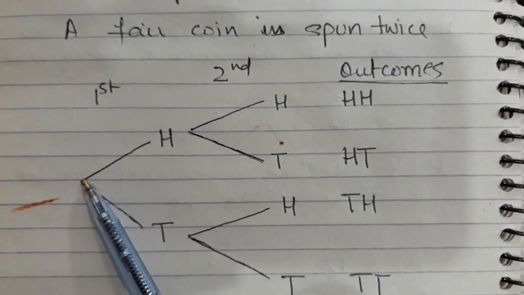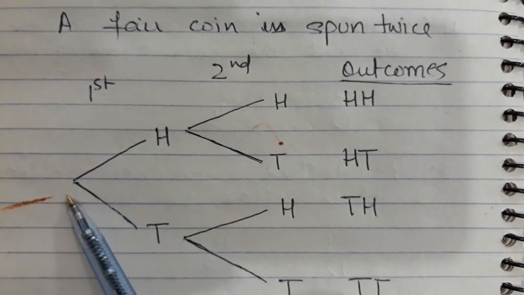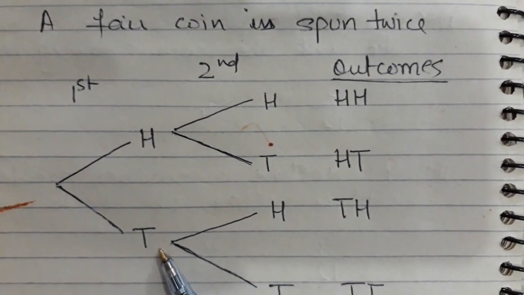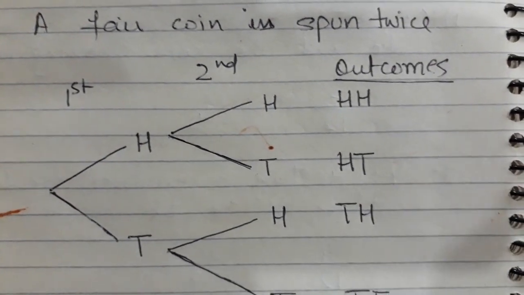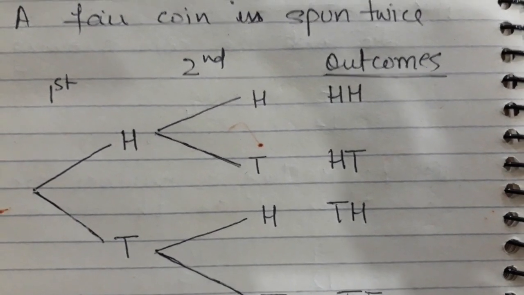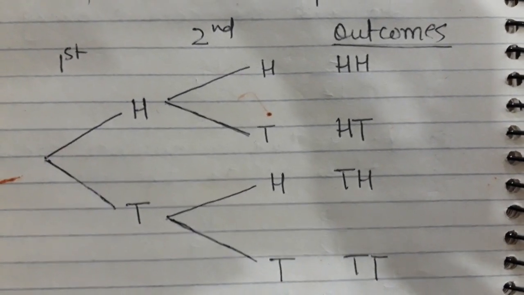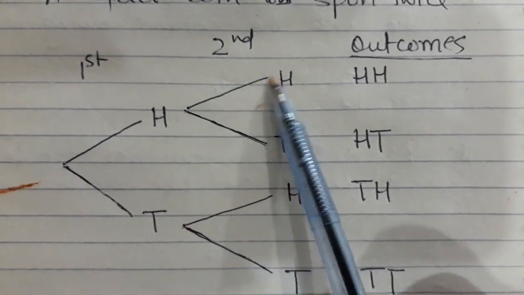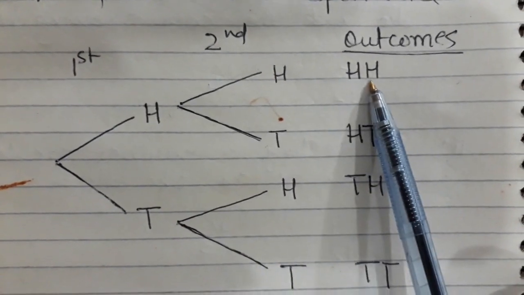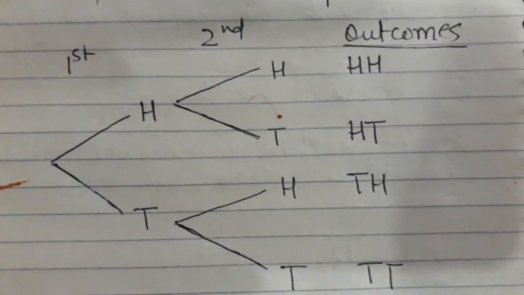The first time when you have thrown, either you get head or you get tail. The second time when you throw, again you will get either head or you will get a tail. So if you look at this, first time you got head, second time you got head, it means your outcome is head head.